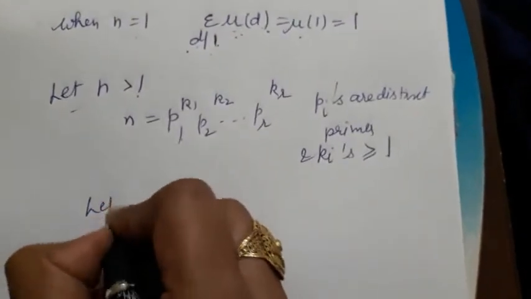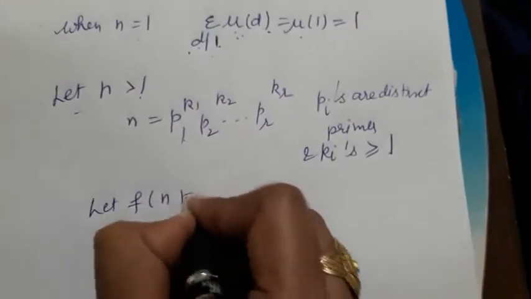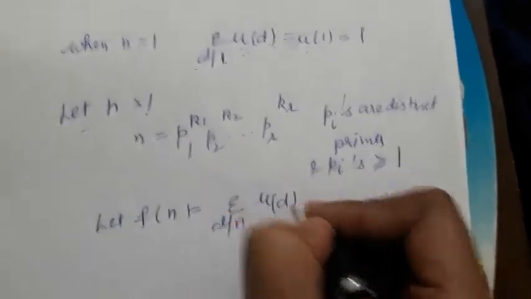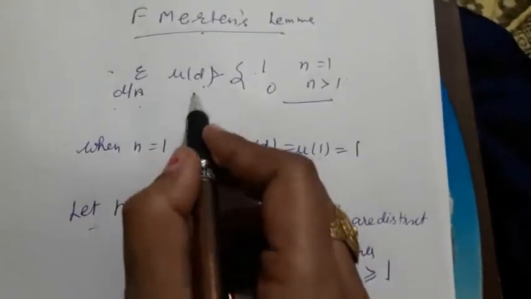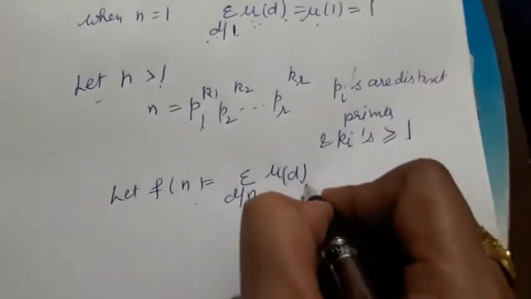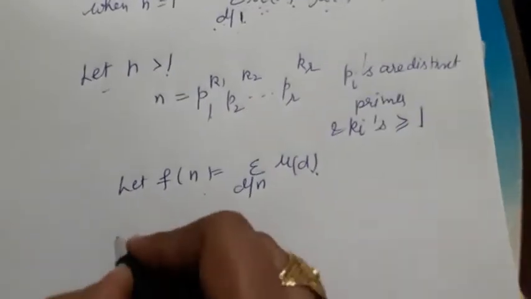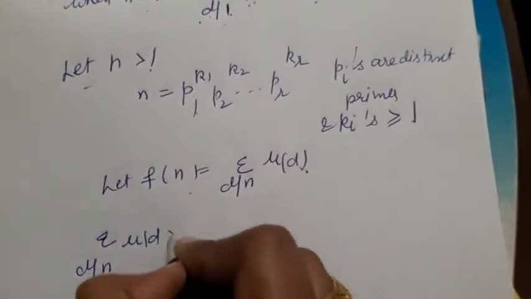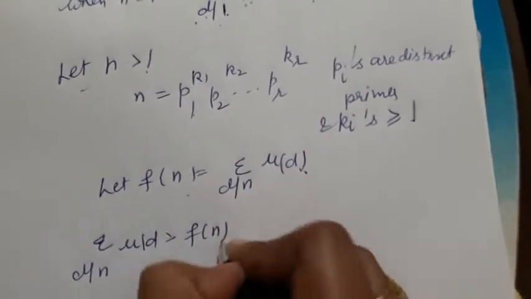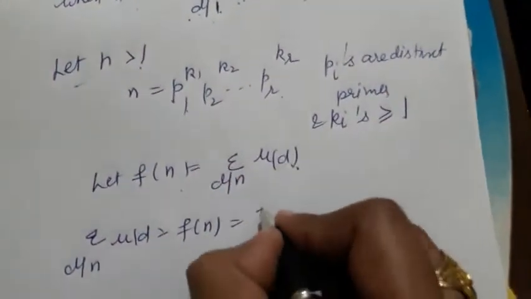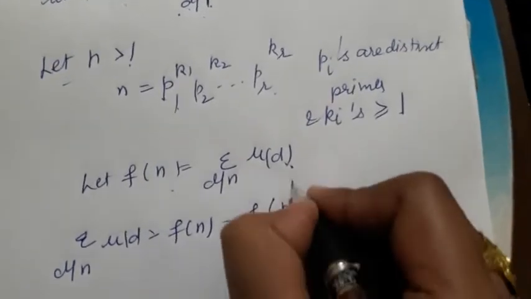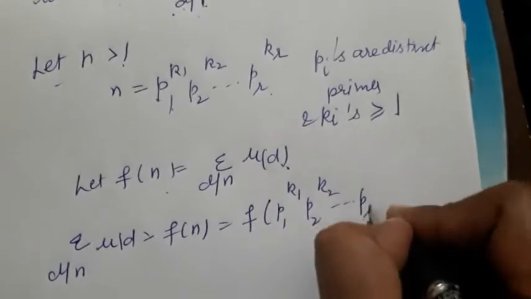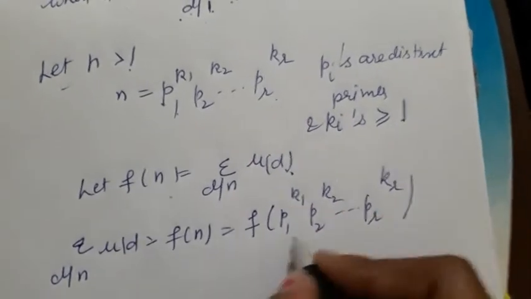So let f(n) be summation over d dividing n of mu(d). The value we are to prove, we take it as f(n), and the value of n is f of p1^k1 p2^k2 up to pr^kr.